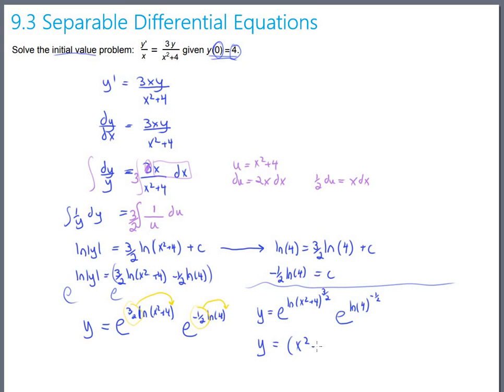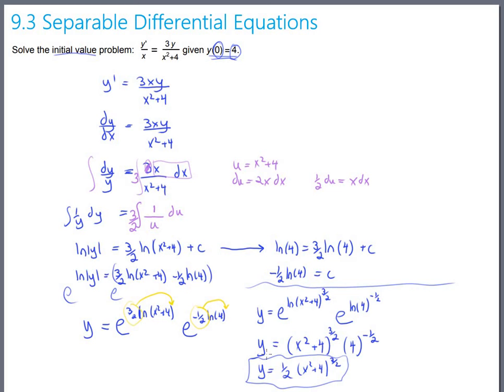Our solution is x squared plus 4 to the 3/2 times 4 to the -1/2. 4 to the -1/2 is 1/2. So I could rewrite that, okay, and we're finally done with that initial value problem.